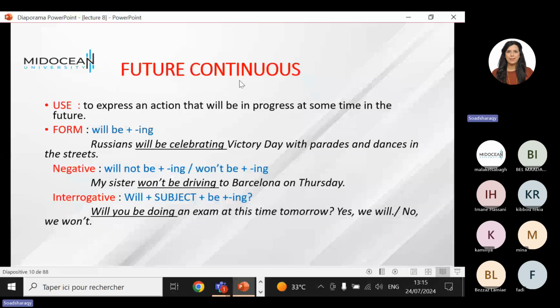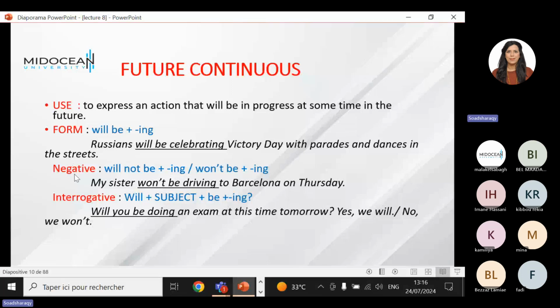We use the future continuous to express an action that will be in progress at some time in the future. For example, the form is will be plus ing. Example, Russians will be celebrating Victory Day with parades and dances in the streets.